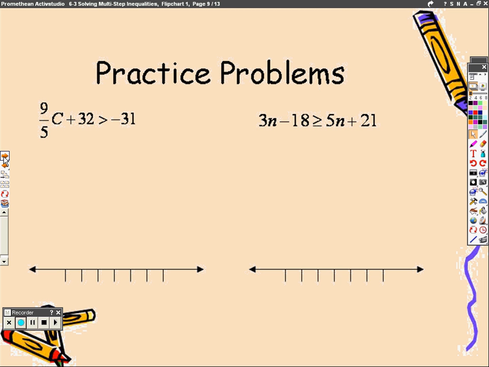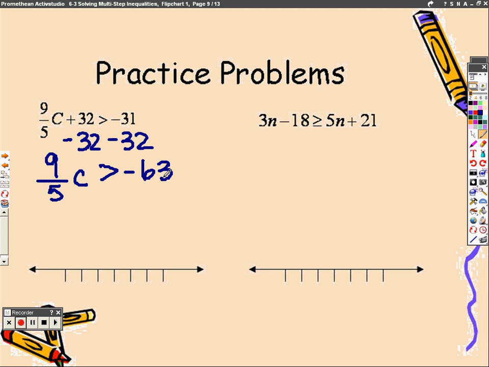Okay, the first problem, 9/5 c plus 32 is greater than negative 31. The first step is to subtract 32 because we want to get this fraction by itself. We end up with 9/5 c is greater than negative 63.